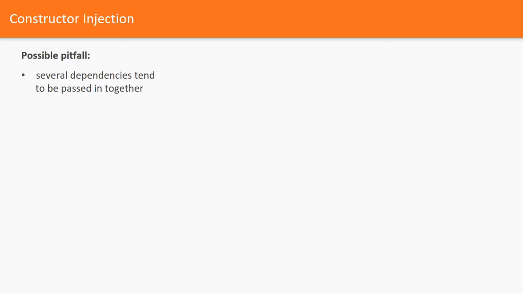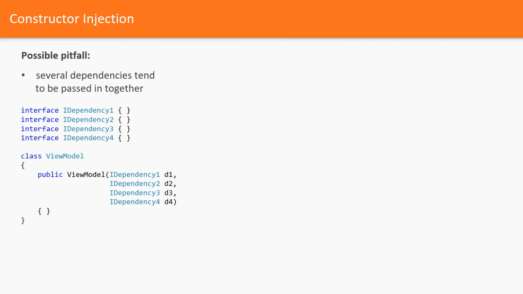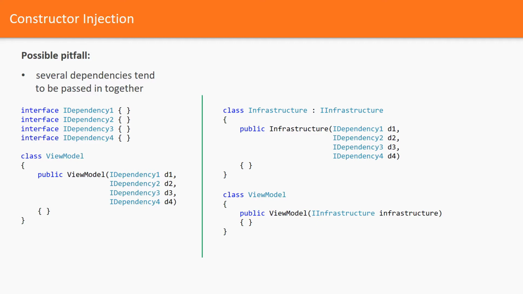Sometimes it happens that several dependencies tend to be passed in together. Here's a code snippet which shows that a view model takes 4 dependencies, and imagine that many other view models take the same dependencies as well. In such cases, it would be wise to create a container object for them and require that container's object to be passed in the constructors.